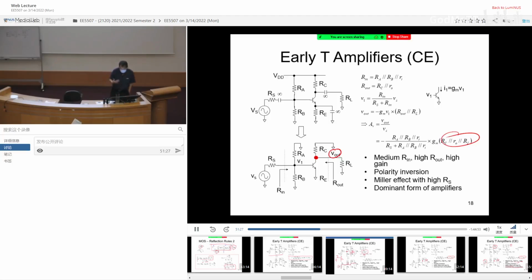So this is what people call early T amplifier. It was first invented for video amplifier. Now, the circuit has existed for many, many years. So a lot of you probably forget how far we have come. In the old days, when people still used the cathode tube, have you heard of the term cathode tube?